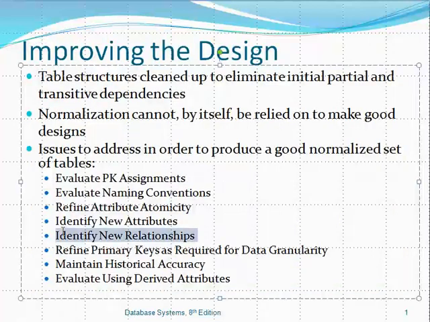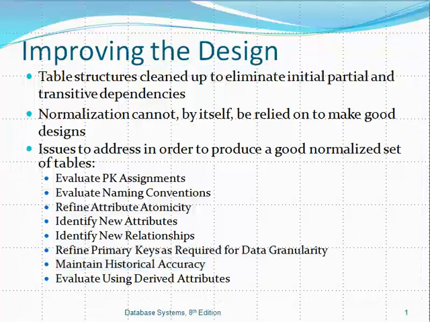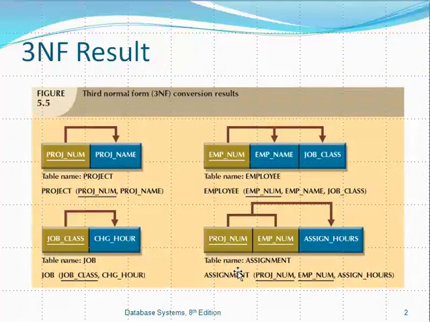Next, to identify relationships and define the primary keys. We may think if we want to maintain historical accuracy, and let's study this because here what can change. For instance, for a job class, the charge per hour may change, and therefore the projects that were already paid were paid with a given charge per hour, and the new project will be paid with a new charge per hour.